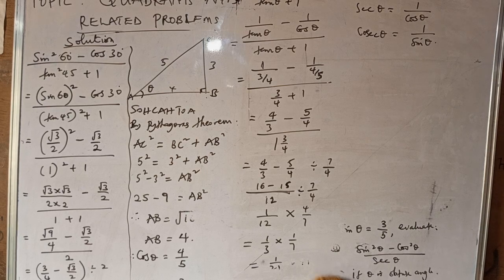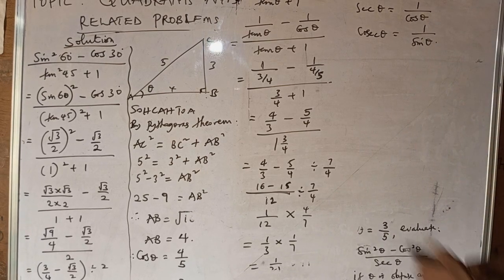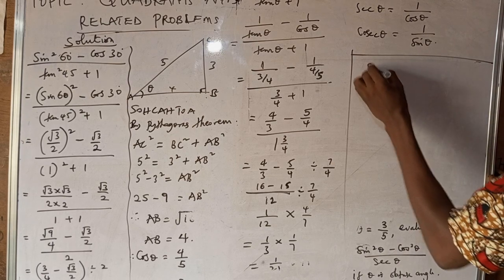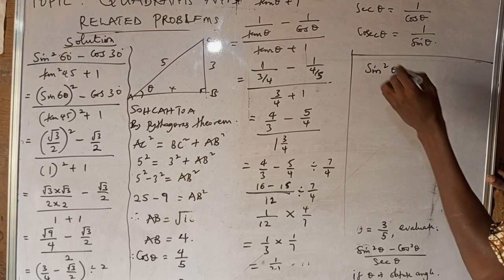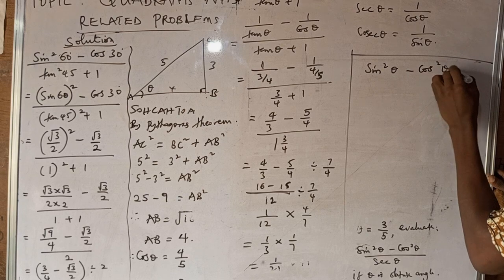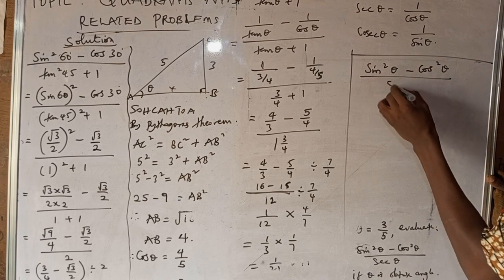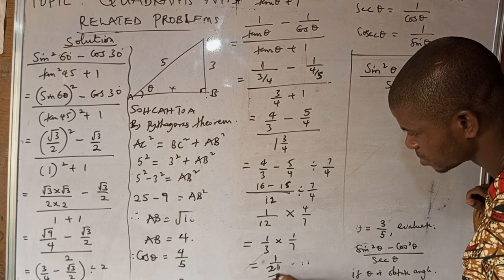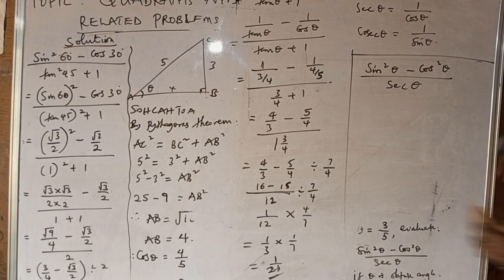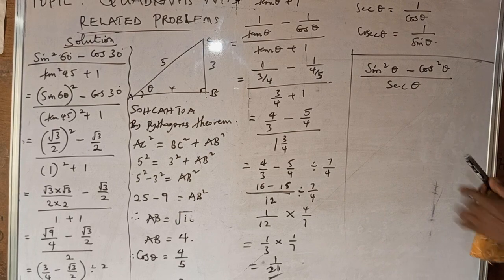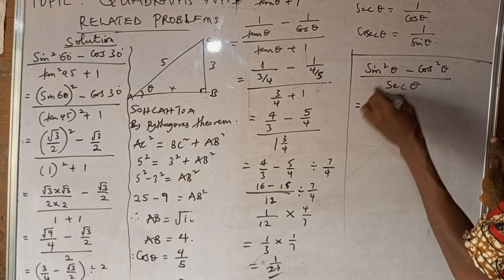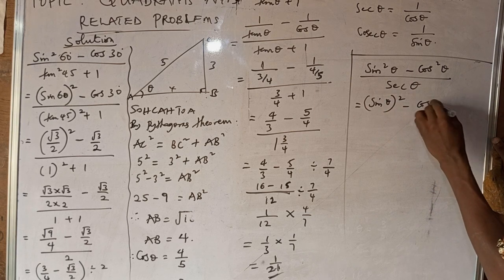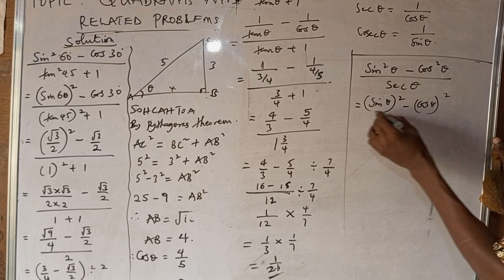Now, quickly to the second one, or the last one. Sin square theta minus cos square theta divided by sec theta. So let's substitute. Sin square theta is sin theta, everything squared, minus cos theta, everything squared.